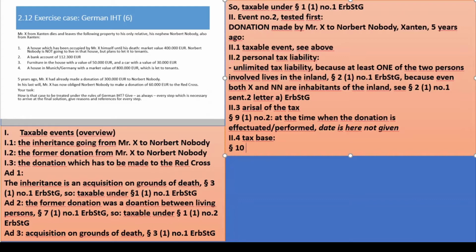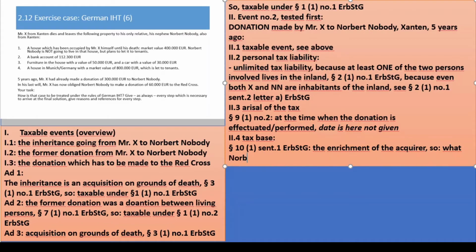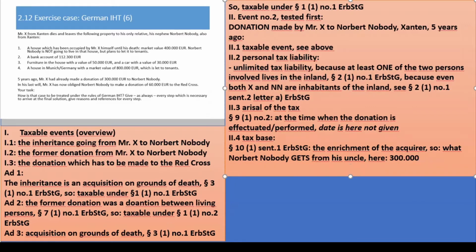So paragraph 10.1, sentence 1 of the Inheritance Tax Act in Germany, the enrichment of the acquirer. So what Norbert Nobody gets from his uncle here, that is simply 300,000. Yeah, to be rounded down or so, as far as not tax-free.